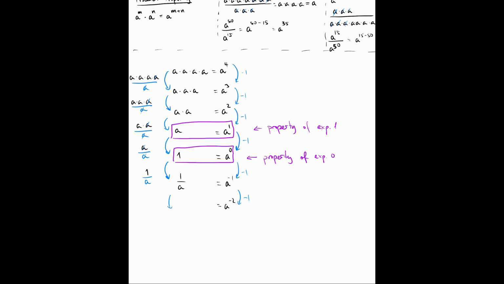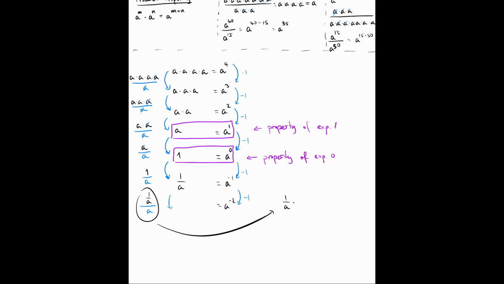If we continue the pattern, we would have to do 1 over a divided by a again. Well, hopefully you remember how to work with fractions. Now, this can be rewritten in a couple of different ways, but hopefully you would understand that this complex fraction is the same thing as 1 over a multiplied by the reciprocal of what you're dividing by.